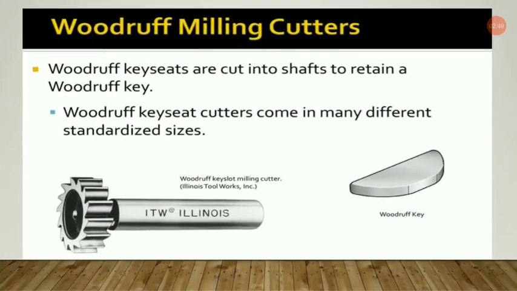I must emphasize that you must have a clear visualization of what a Woodruff cutter looks like, because they may ask you different objective questions on this Woodruff cutter in competitive examinations. Unless you have a clear concept of this Woodruff type of milling cutter, you are not going to give a proper answer for the MCQs they ask you in competitive examinations.